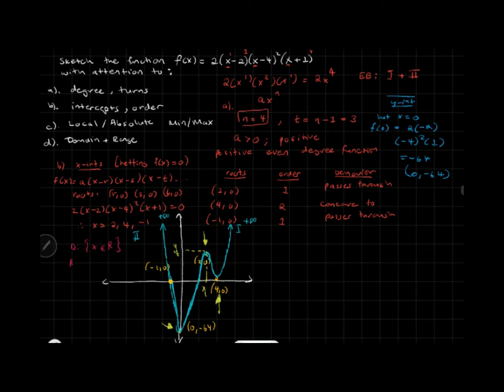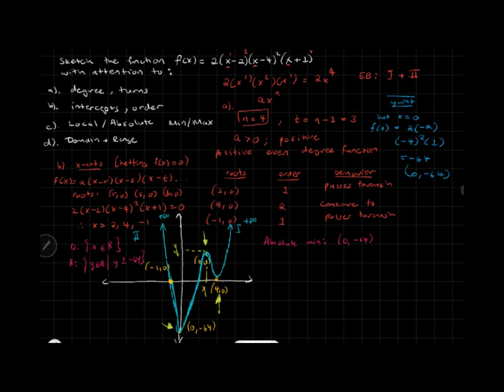There is no restriction on the domain, but the range is going to be restricted because there is an absolute minimum at 0 and -64. Because the leading coefficient is positive, you will have an absolute minimum. All other points will be greater than or equal to -64, so this restricts our range. Okay, so keep that in mind.